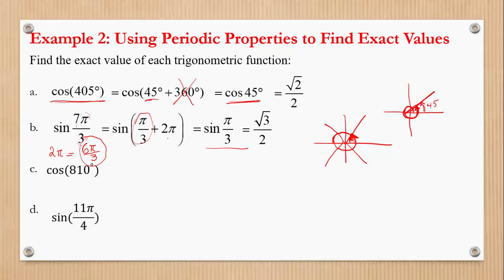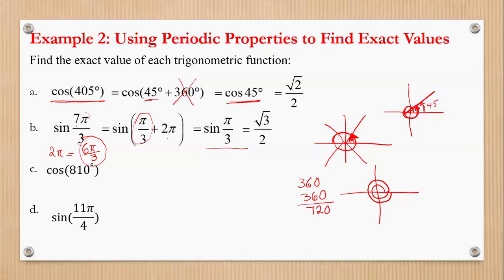To find the cosine of 810 degree, again, we need to see how many rotations we have before getting to 810. So you know that the first rotation is 360 degree. If I have another rotation, adding another 360, I will have 720.